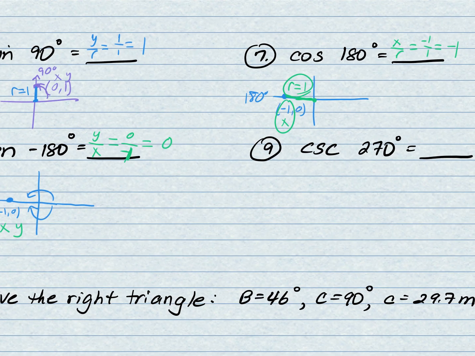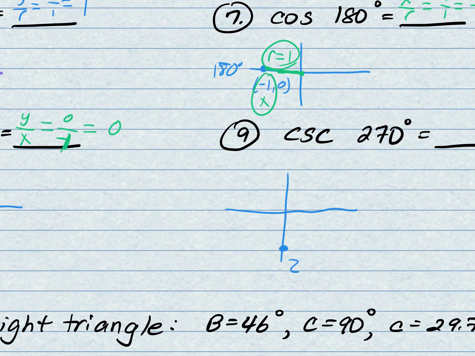All right, now with 270, same exact thing. This is an angle that lands on one of our axes. All right, 270 degrees is down here on the negative side. So we can pick a point 0, negative 1. And then once again, r, the distance from the origin to that point.